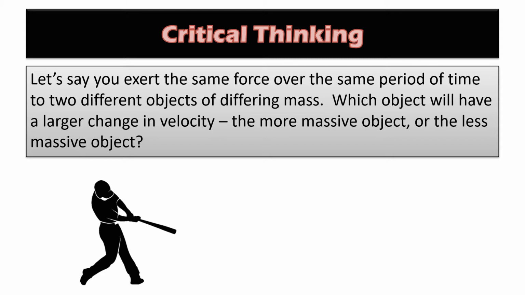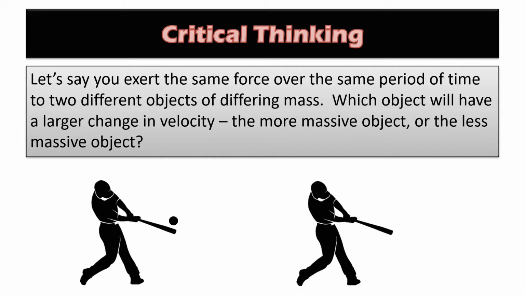All right, so let's look at this example as a baseball player. The baseball player is going to exert a force over a period of time on a baseball. Even though it happens over a very short period of time, when you hit the ball, the bat is in contact with the ball for a certain period of time, and it's exerting that force, right? So let's say the force and the period of time is the same, but you have a more massive ball.